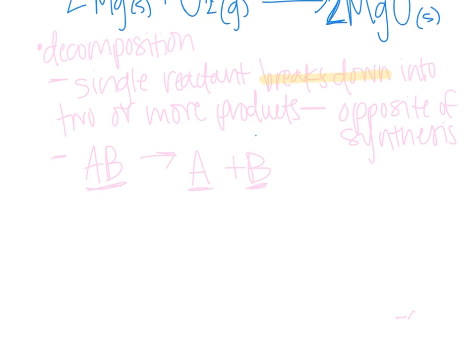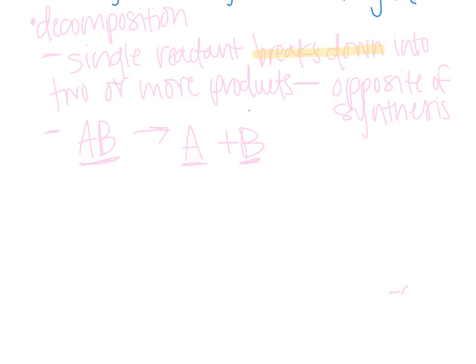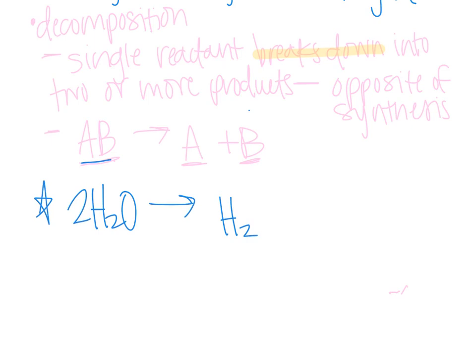So let's work out an example of this type of reaction, a decomposition where something gets broken down. So if we have 2 H2O, and that's all we have, so we have our 1, yields, that's going to get broken down into H2 and O2.